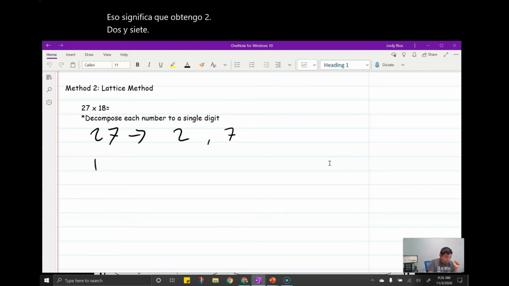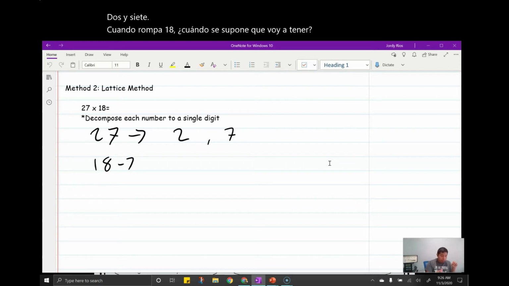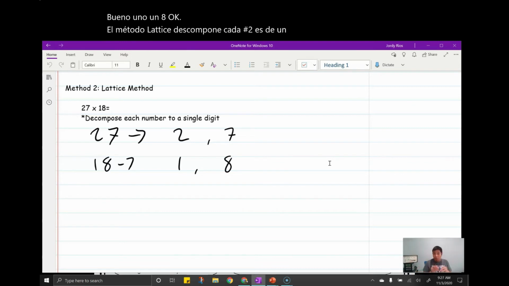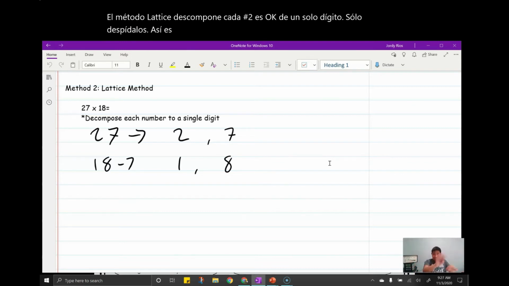When I break 18, what am I supposed to get? Good, 1 and 8. Lattice method, decompose each number to a single digit. Just break them apart, that's all you're doing. Slice and dice.